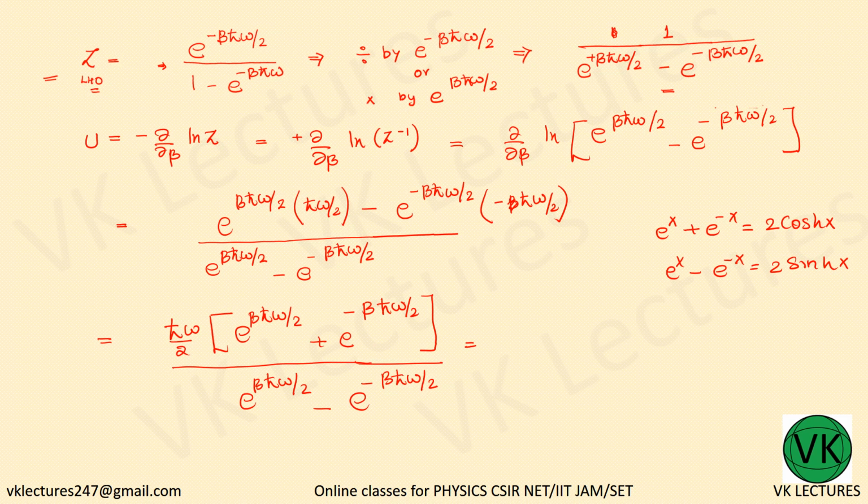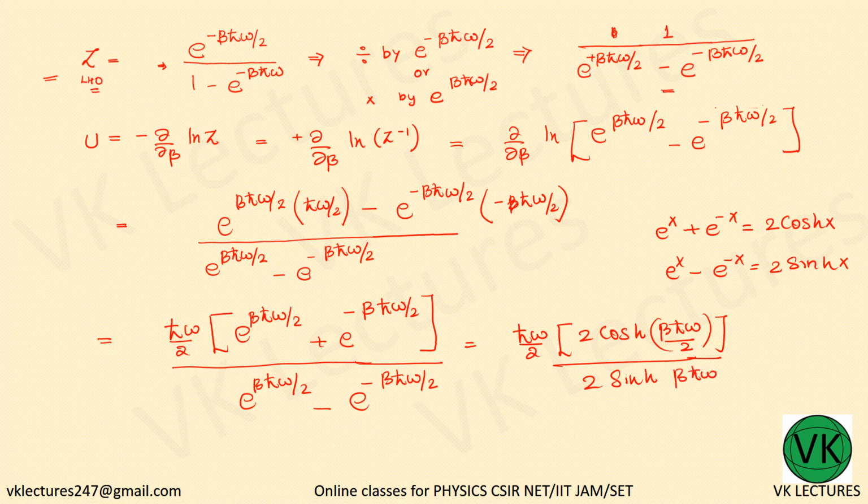Now incorporating this into the equation, we have h cross omega by 2 times, this is 2 cos hyperbolic beta h cross omega by 2 divided by, in the denominator we have 2 sine hyperbolic beta h cross omega by 2.